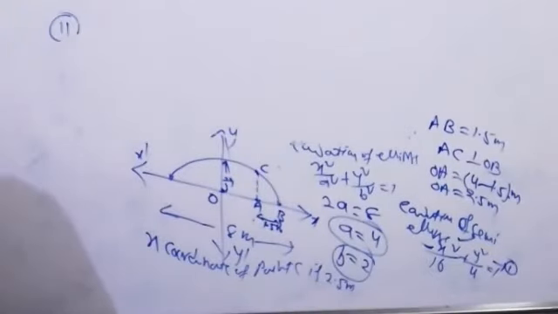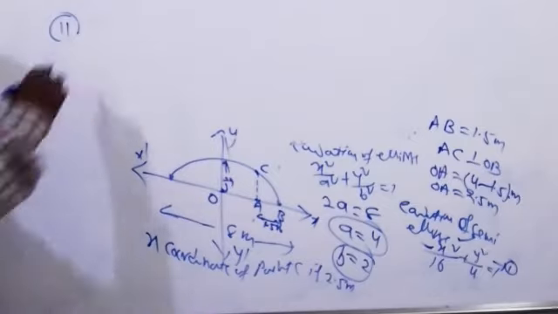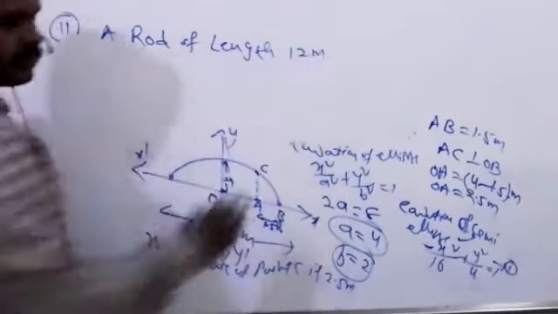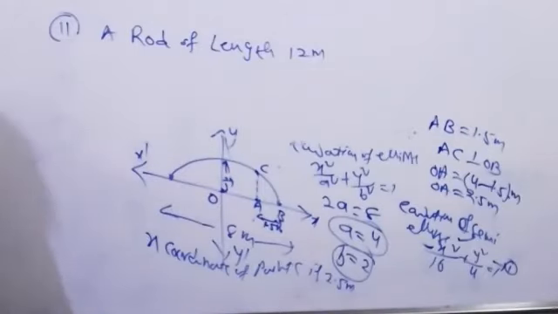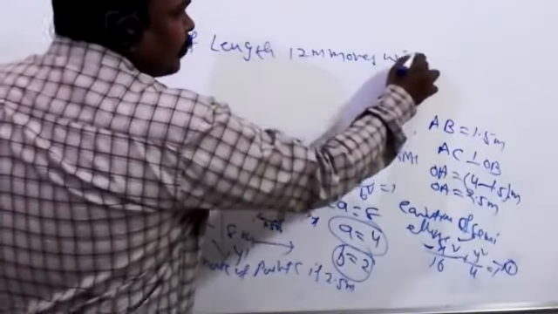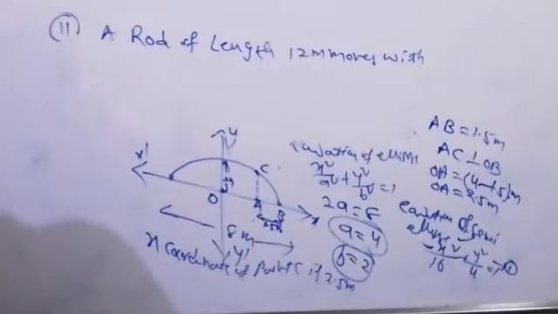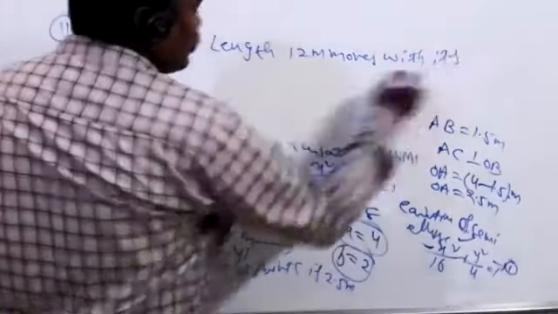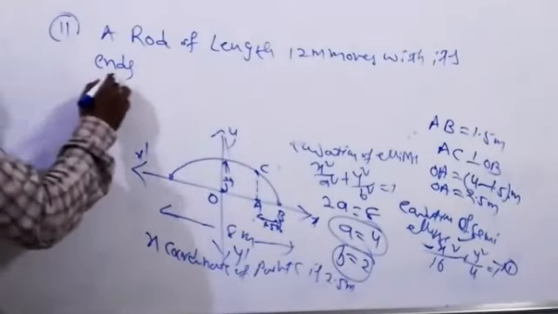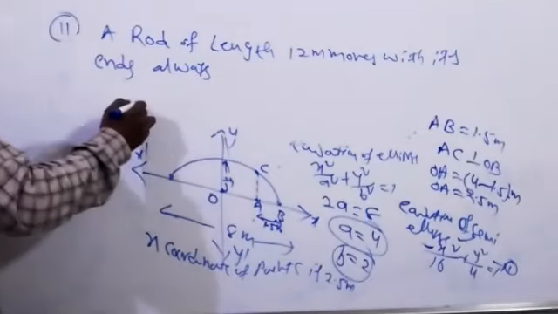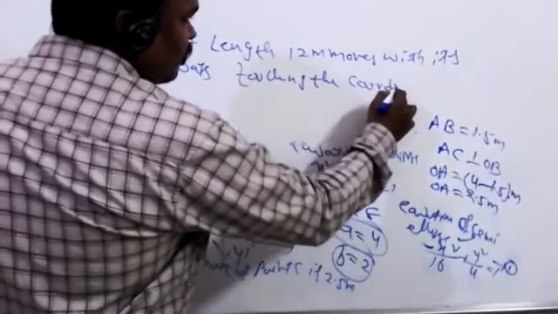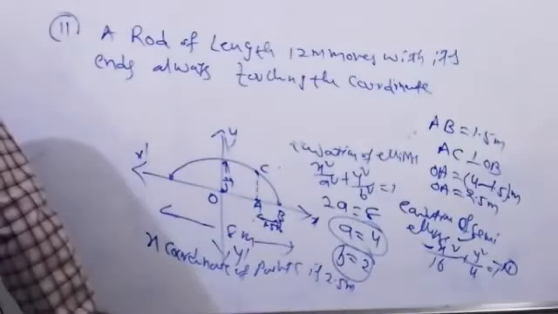Then next problem. A rod of length 12 meters moves with its ends always touching the coordinate axes.